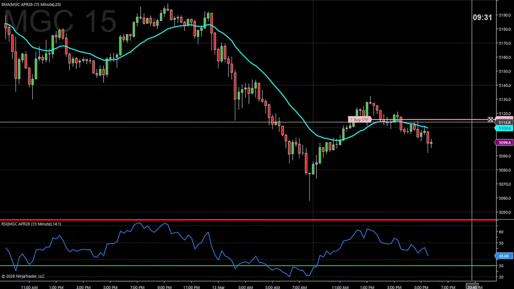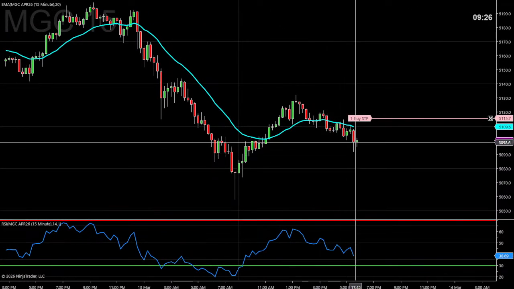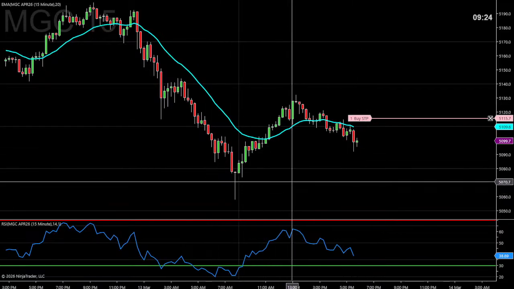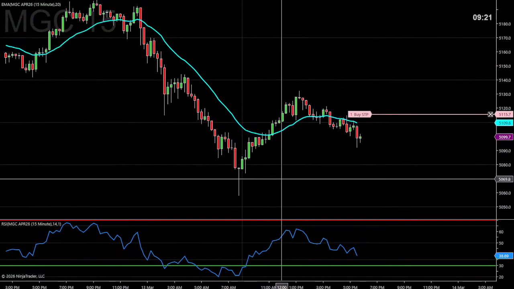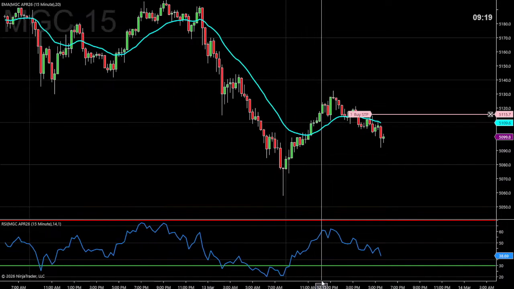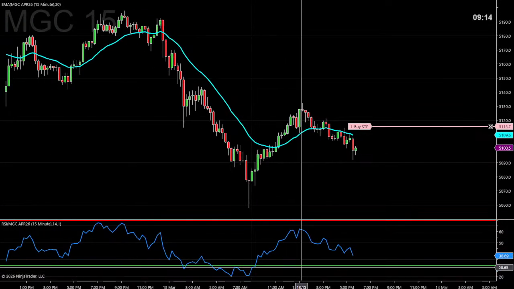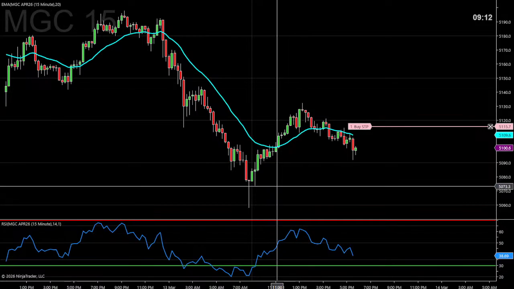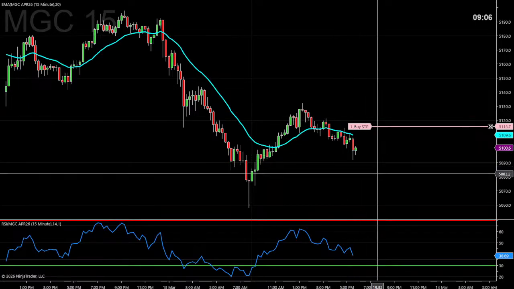That would actually only be a downtrend if that goes below here. And it was already oversold here. So technically we are in a consolidation range. A new low hasn't been made. The low is still within range.